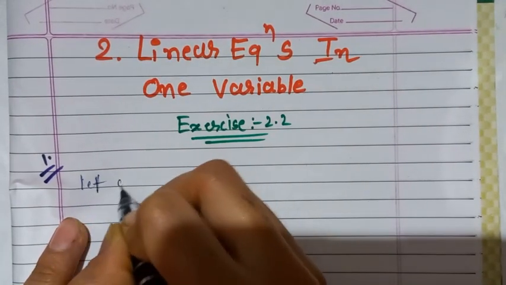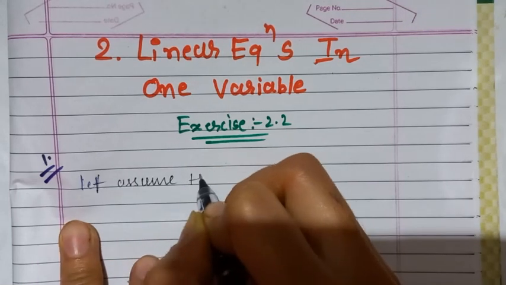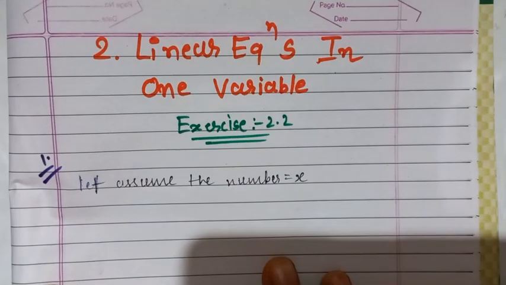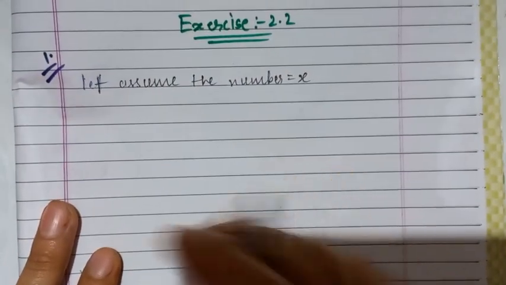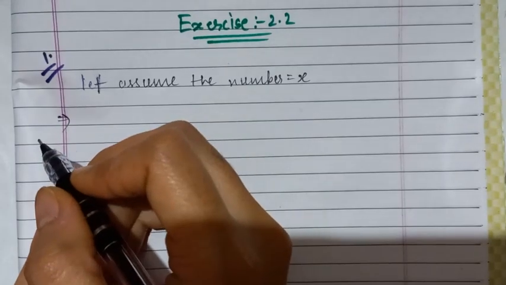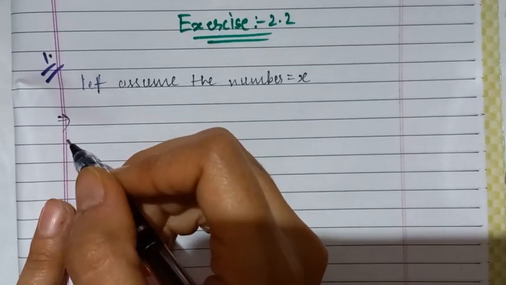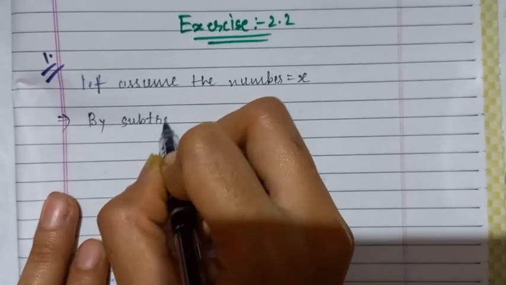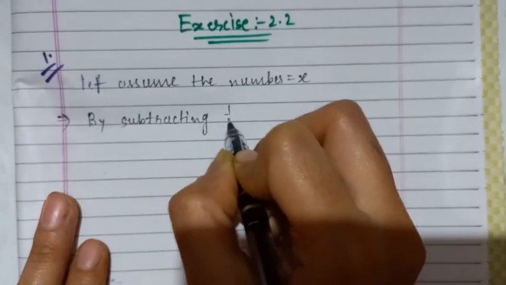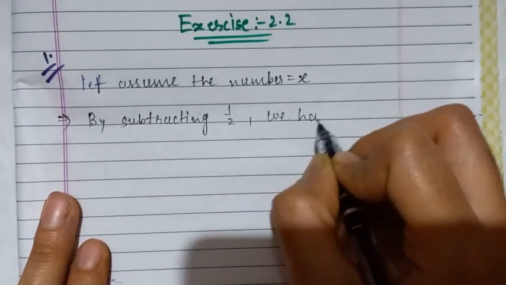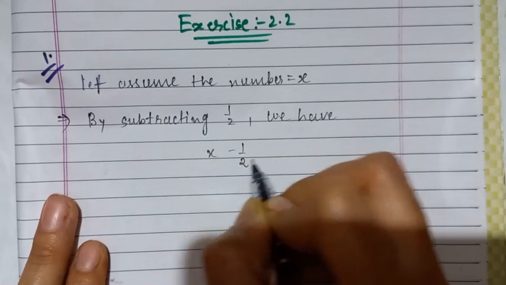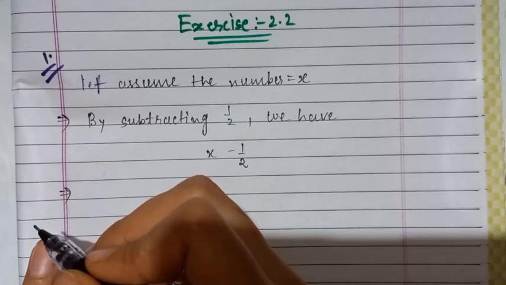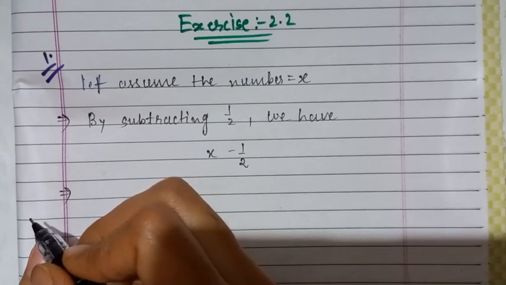Let the number be equal to x. Now let's read the question again. If you subtract 1 by 2, so by subtracting 1 by 2, we have x minus 1 by 2. Now from a number and multiply the result by 1 by 2.